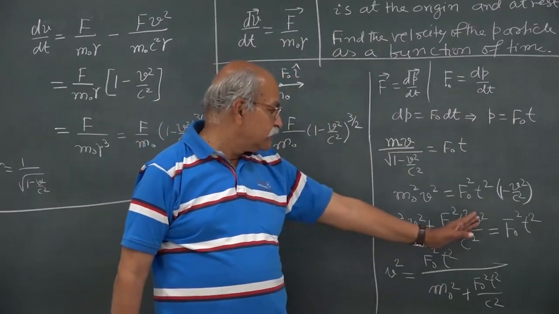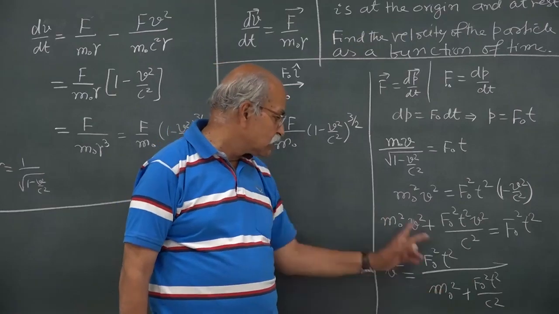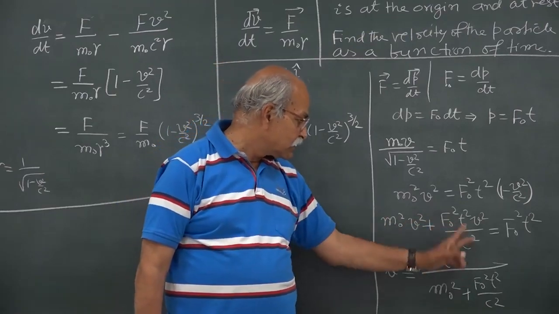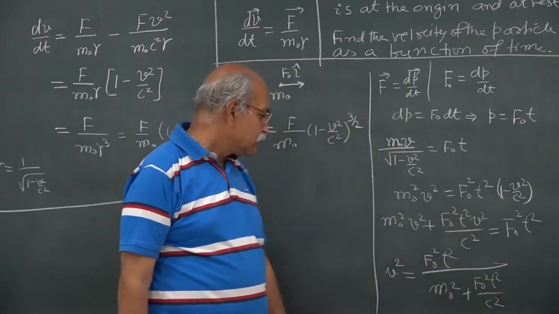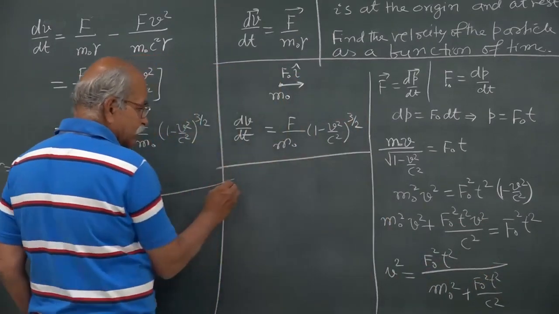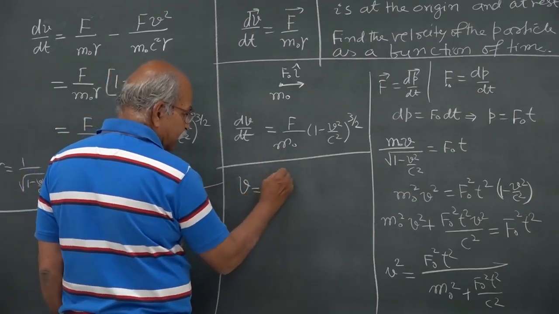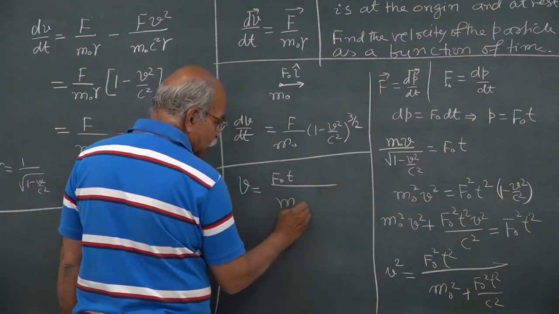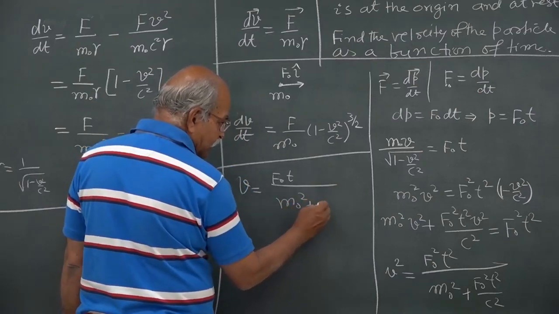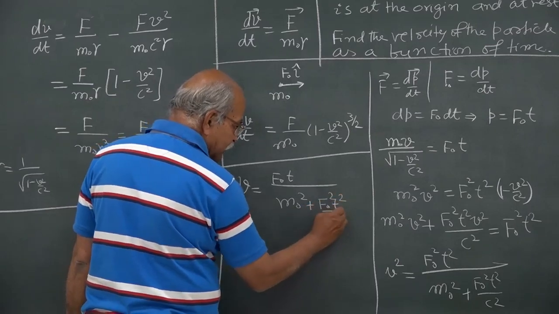I have taken v square common, and then in the bracket I will have m naught square plus F naught square t square by c square, which will go on this side. So, what is v? v is equal to F naught t divided by the square root of m naught square plus F naught square t square divided by c square.